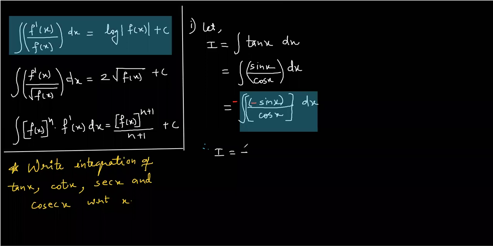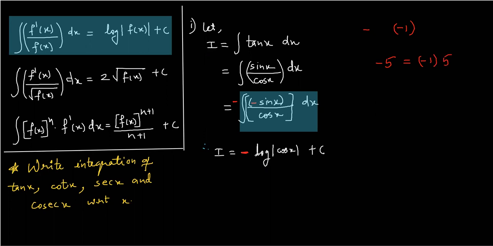So I write here, therefore I equals minus, this negative sign will remain as it is, log of mod of cos x plus c. Now you know students, a negative sign is equivalent to -1. If I have -5, what is the meaning of -5? -5 is -1 into 5.